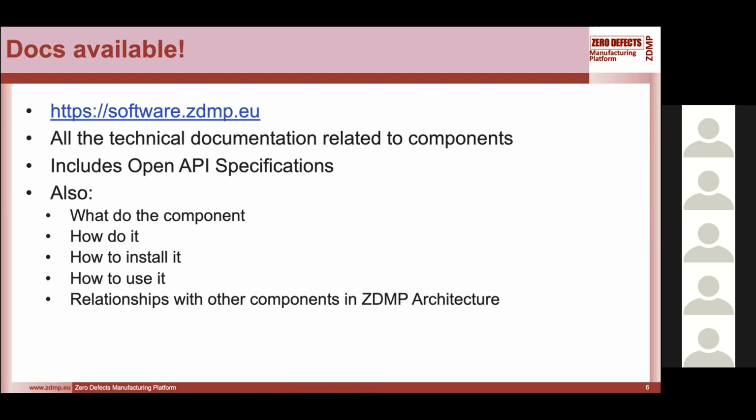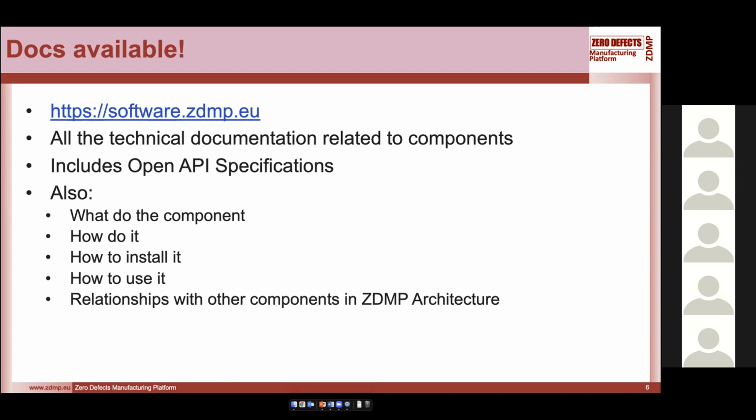But for this, you need to know the features and the technical details of every core component of Zdmp. For that, you can access the software.cdmp.eu site, in which all the technical documentation related to components is available.